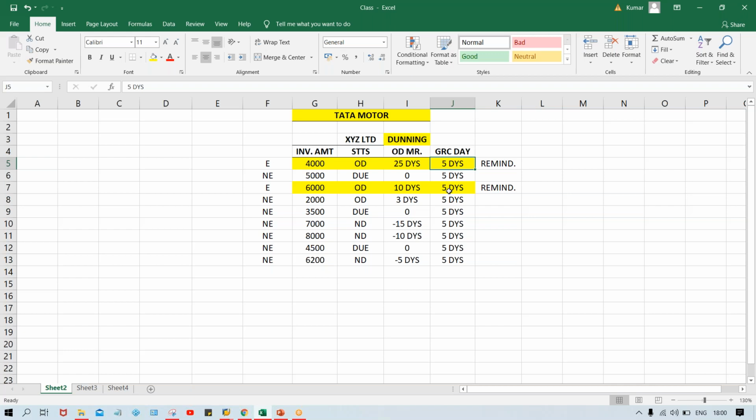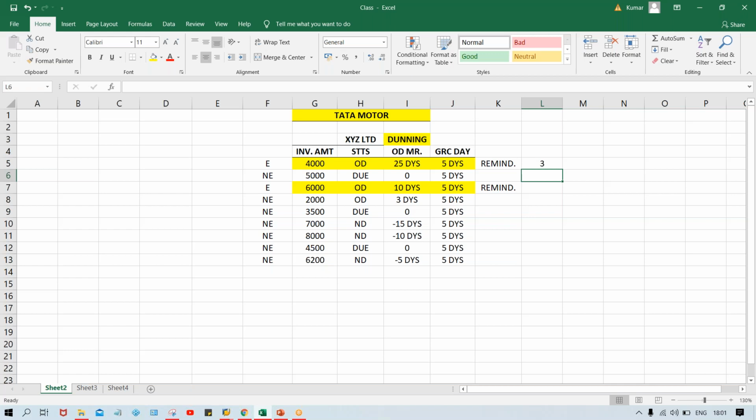That is a different thing, right? So how many reminders are going to be sent? Let's suppose there is a limit that we send only 3 reminders, and if the customer is not making payment or we haven't received any response, in that case we'll take legal action.